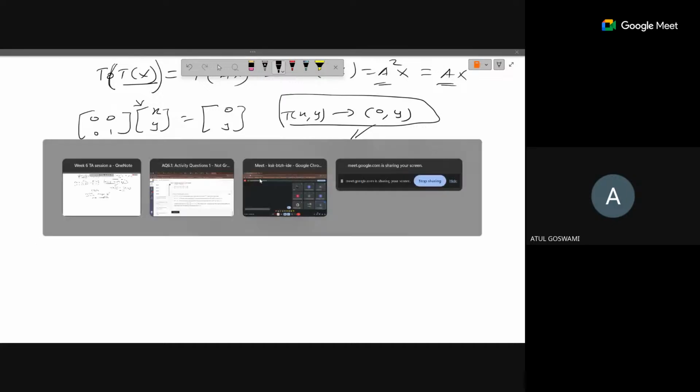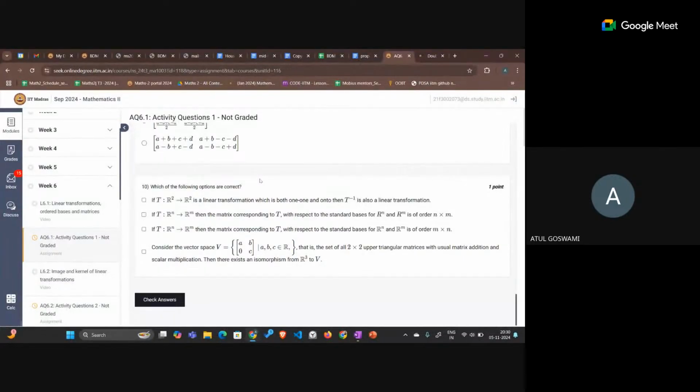So what is the property? When a transformation is an isomorphism, 1-1 and onto, it means they are basically the same vector space. The isomorphism is invertible. This mapping is invertible because it is both 1-1 and onto.